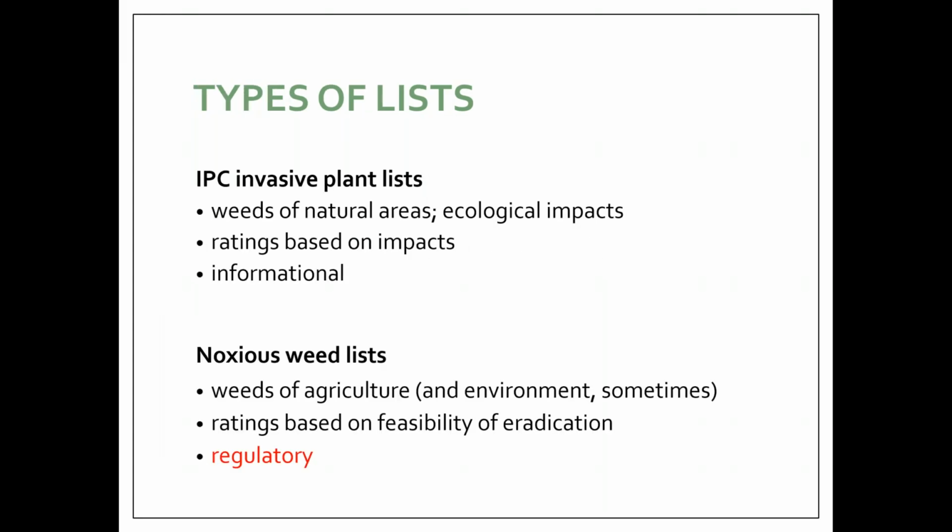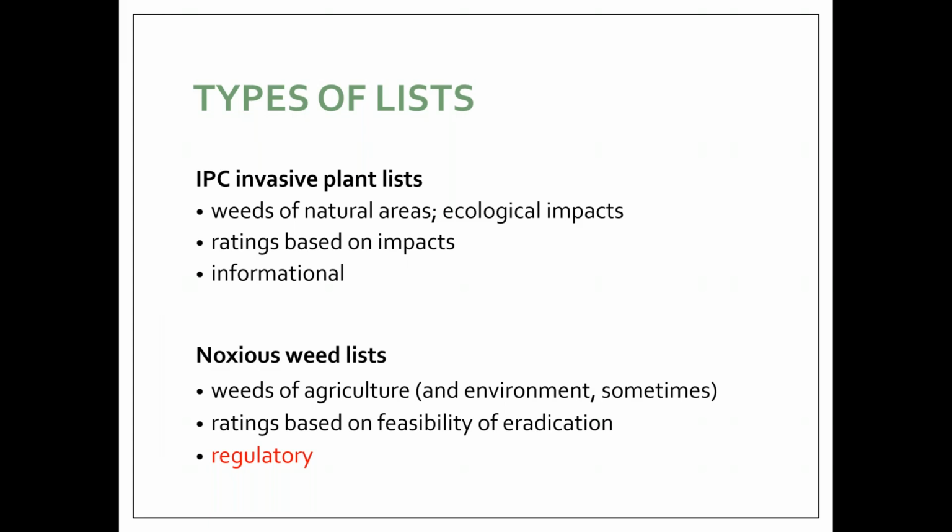There are legal lists and there are non-legal lists. So IPC lists tend to be, but aren't always, informational, and they're almost always focused on weeds of natural areas and ecological impacts, and the ratings are based on impacts.